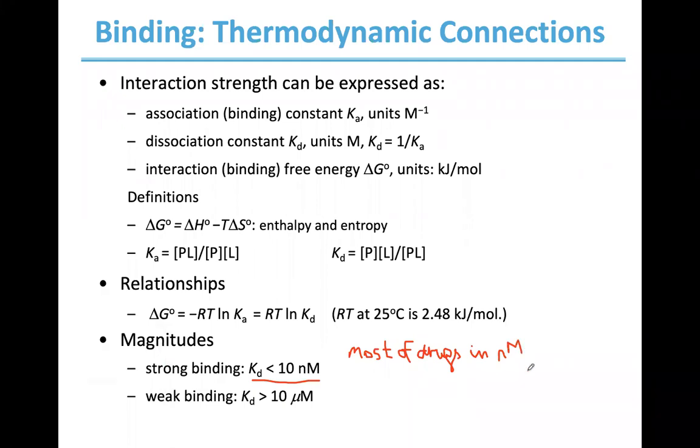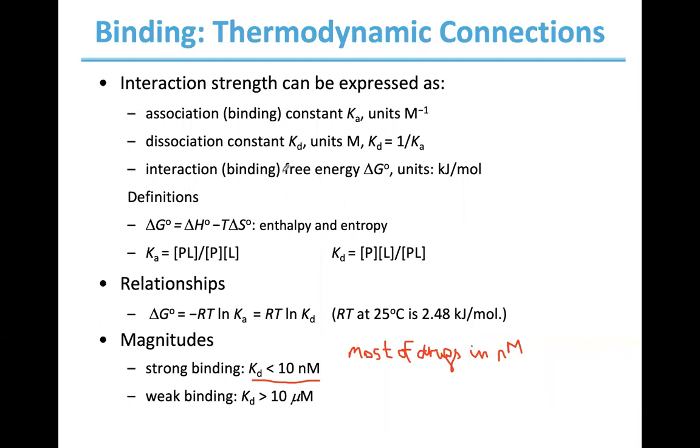So micromolar will give you a drug, but not a good one. What that means is that you need much more drug to occupy the binding sites on your receptor. So the dose will go up. As the dose goes up, side effects go up, and the drug becomes more expensive because you have to manufacture it, right? And so on and so forth. Most drugs are in nanomolar region.